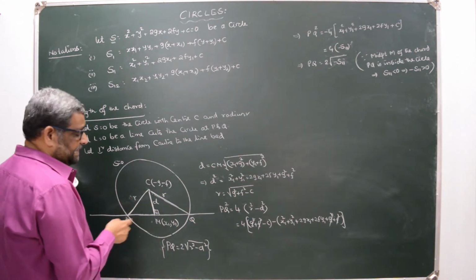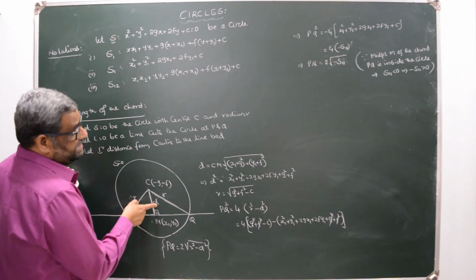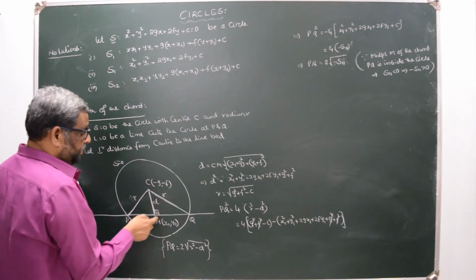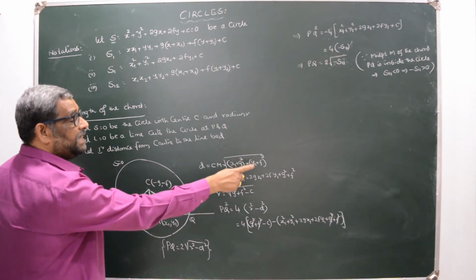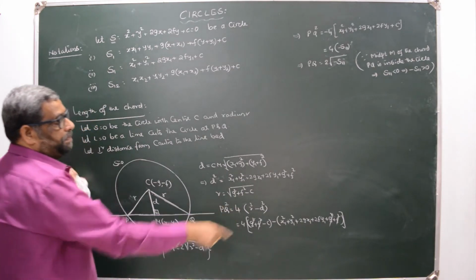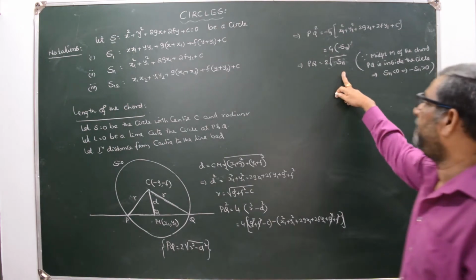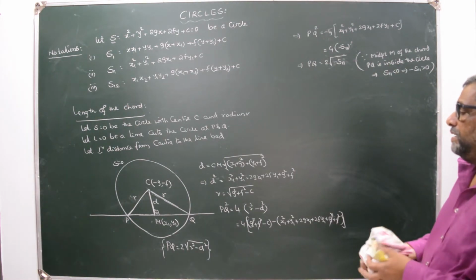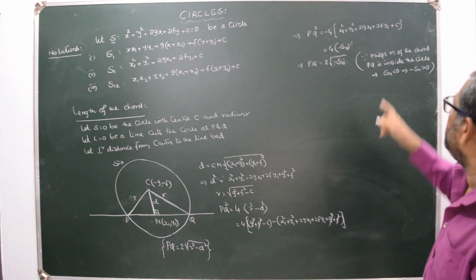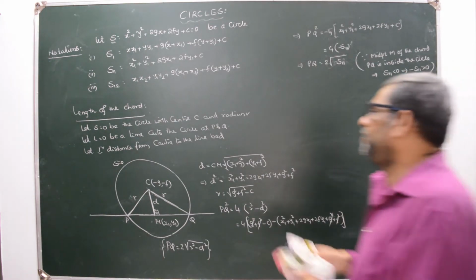But it is not necessary. Whenever M is known to us, D is simply CM, so D square is this one, and R is equal to root of g square plus f square minus c. So PQ equals 2 into root of minus S11, which is the length of the chord whose midpoint is known. In this context, you can find it like this. So, next one.